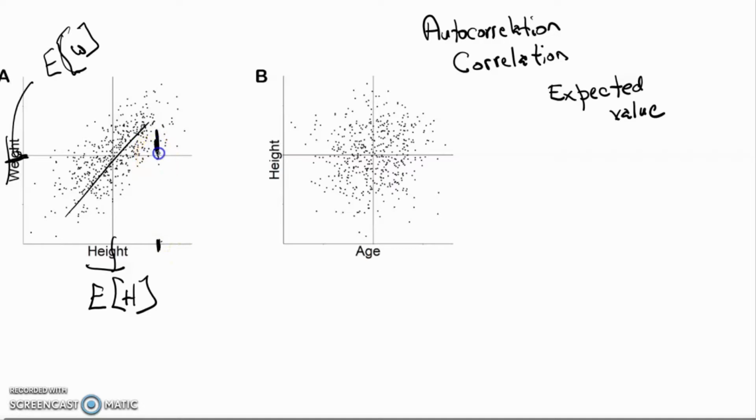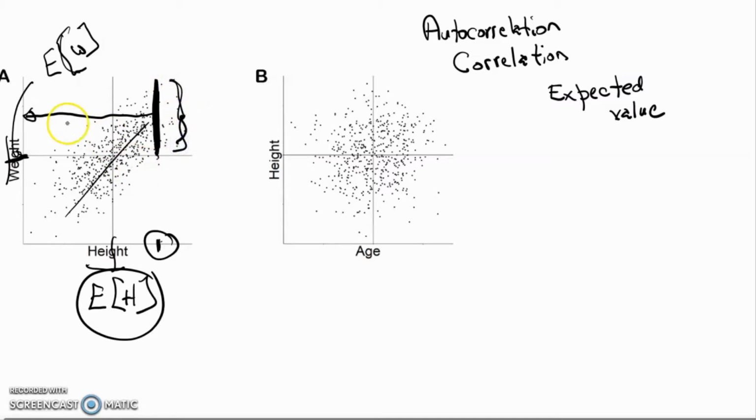So individuals in this particular height class, there they are. And if you look at the average weight of those folks, the average height of these individuals was greater than the expected value of height. The average weight of those individuals is greater than the expected value of weight, because these data are correlated.